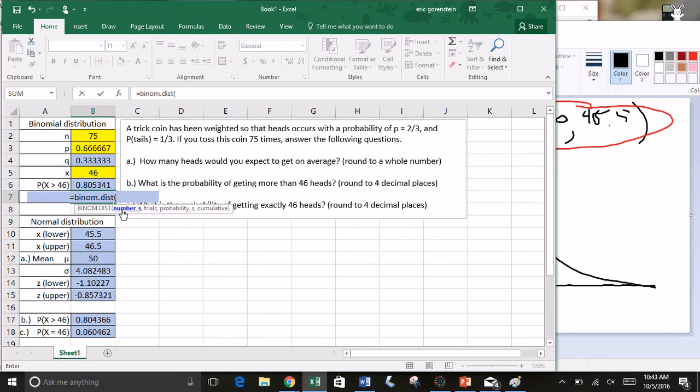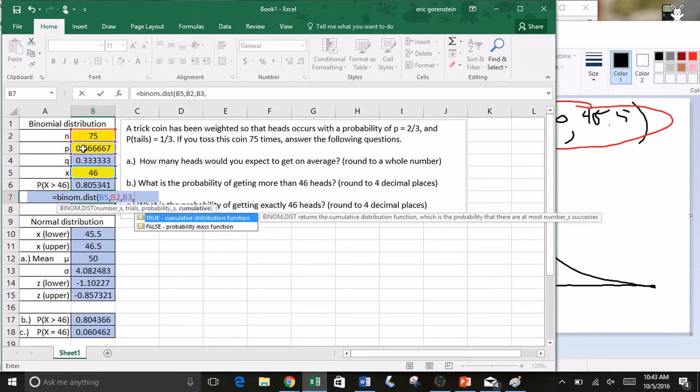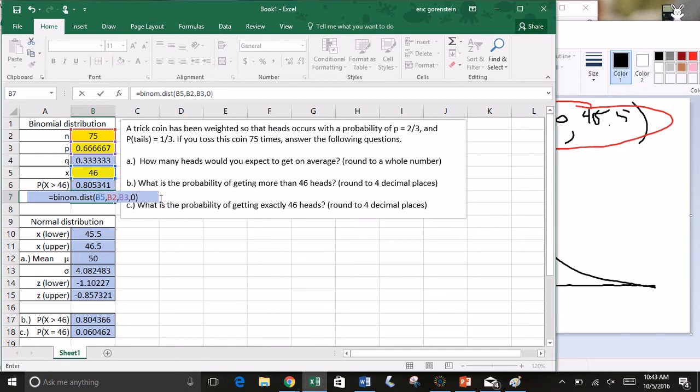So first is number of successes. So that's 46. Or I'll use cell B5. Then total number of trials. That's N. That's B2. Probability of success. That's P. So that's B3. And cumulative no. So 0 means no or false. We don't want all of the x values from 0 up to 46.